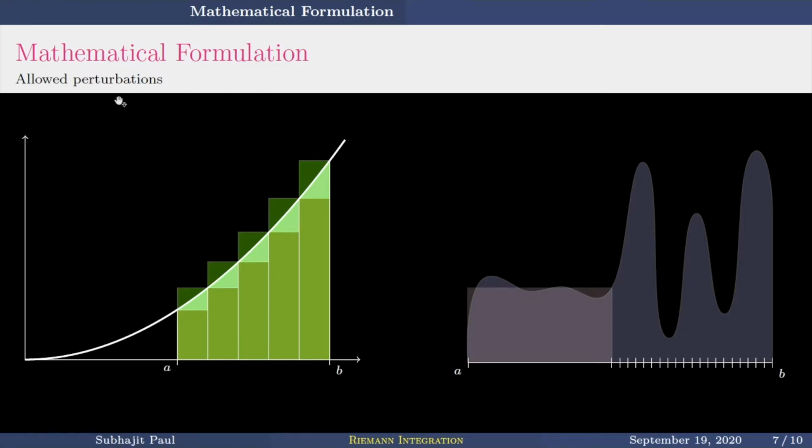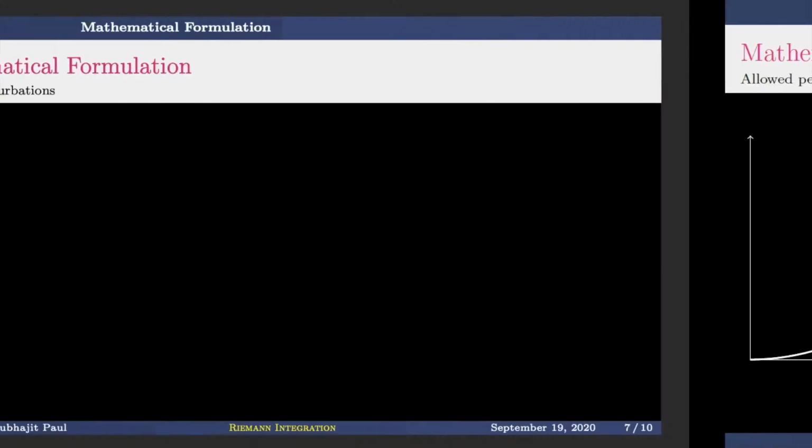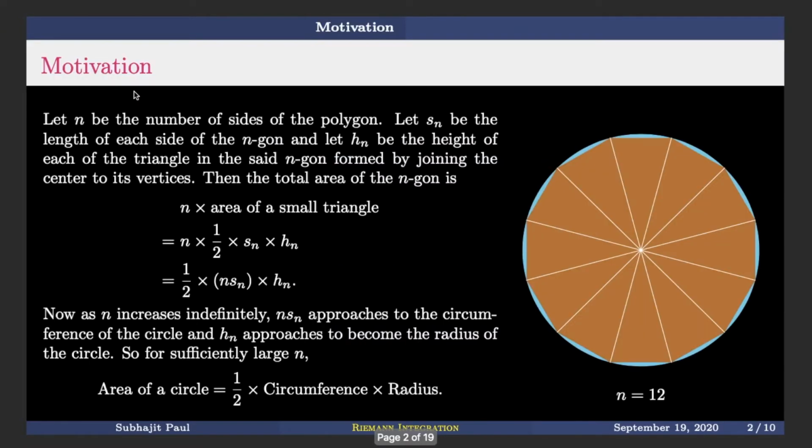So what are the allowed perturbations in the mathematical formulation? Perturbation, why am I using the word perturbation? Because of the examples we have seen so far. In the example of the circle over here, we have chosen everything very symmetrically. Okay, everything was divided in an equal way. This angle was divided into n equal parts. This was a regular polygon.